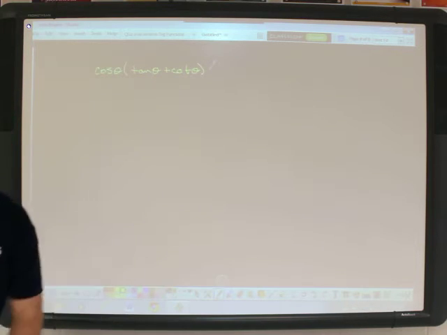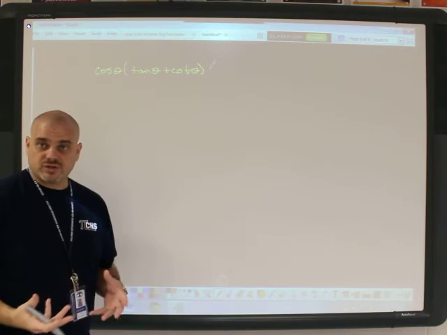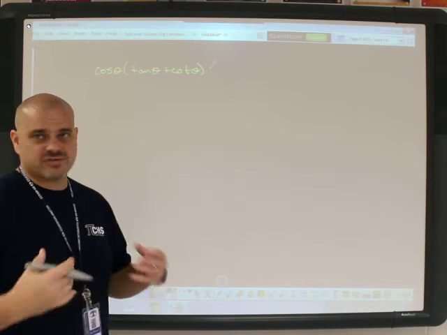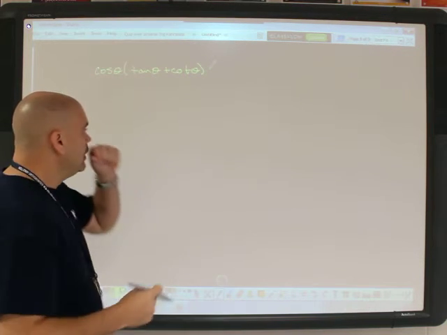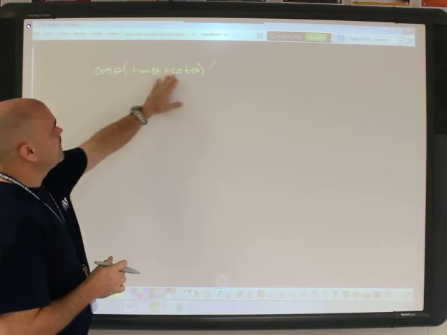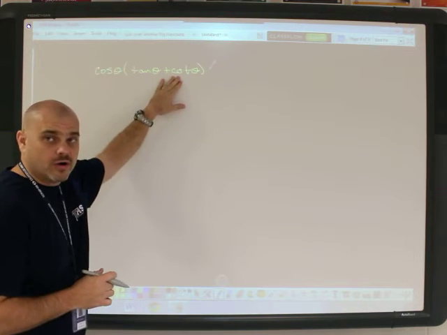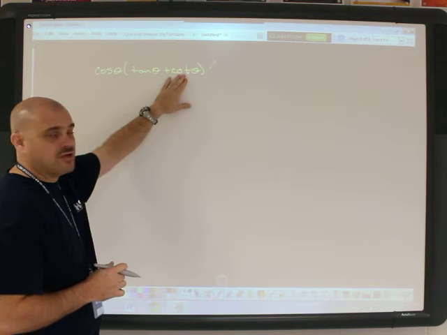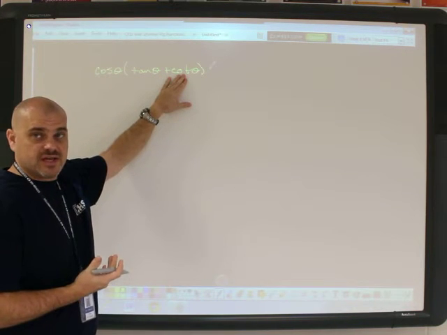Alright, so we want to simplify this down to one term if possible, like sine or secant or cosine. The first thing I see is I can rewrite tan theta and cotan theta as quotient identities.